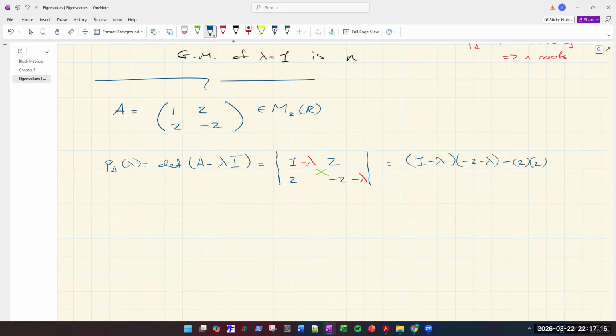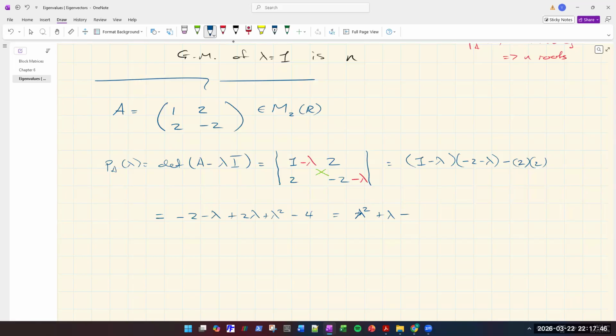Okay. So let's expand this one and see what we get. So this is minus 2 minus lambda plus 2 lambda plus lambda squared minus 4. So that is lambda squared. 2 lambda minus lambda is lambda, right?